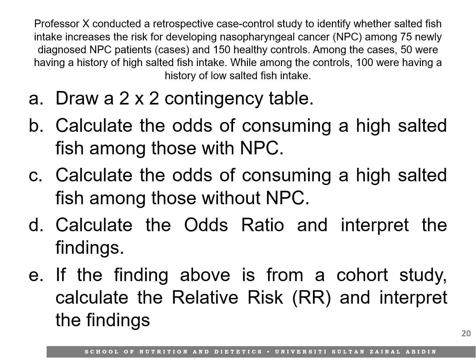C. Calculate the odds of consuming a high salted fish among those without NPC. D. Calculate the odds ratio and interpret the findings. And finally, E. If the finding above is from a cohort study, calculate the relative risk and interpret the findings.